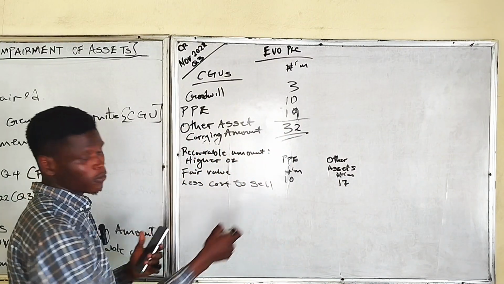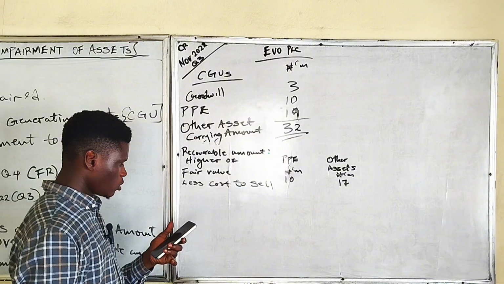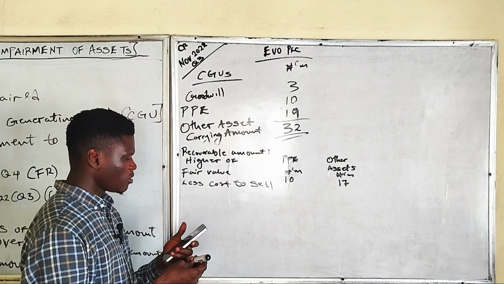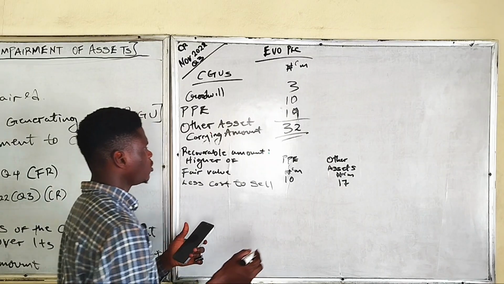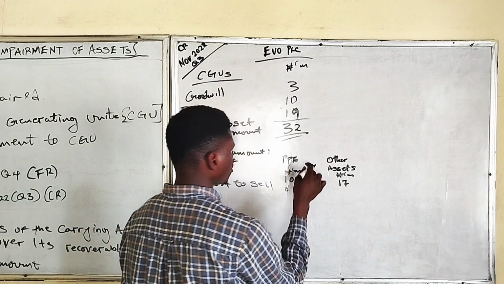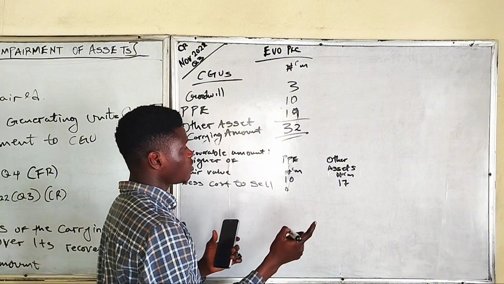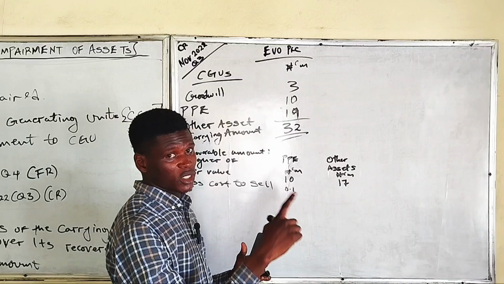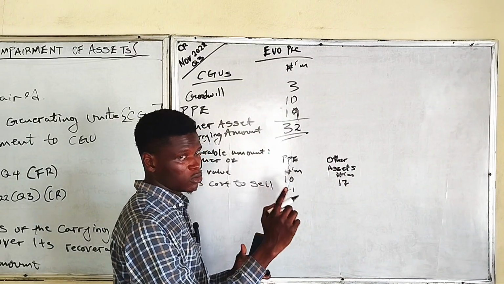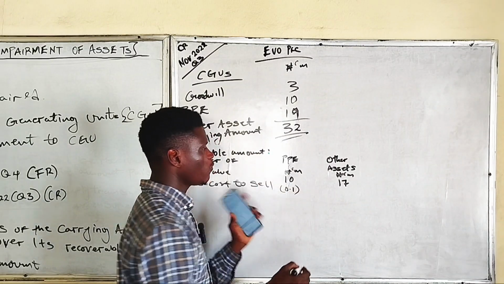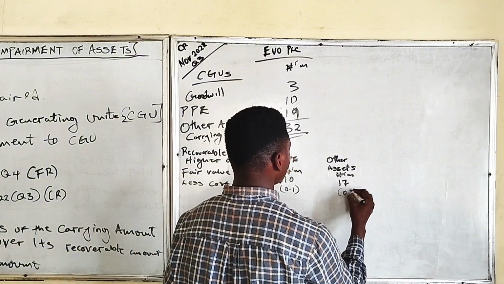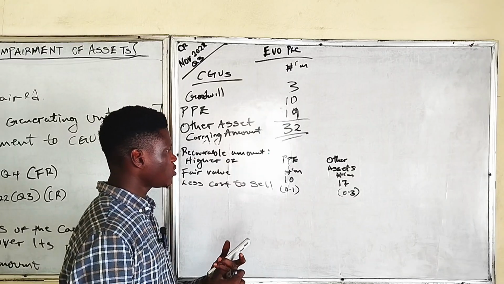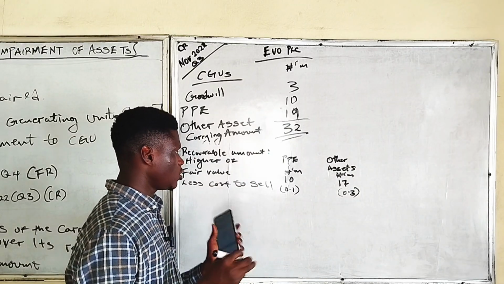Then the cost to sell for these assets, we're told, were 100,000 naira and 300,000 respectively. Because this is expressed in millions, 100,000 divided by 1 million will give you 0.1. So that's 0.1 million because it is expressed in millions. While deducting cost to sell, don't forget, they will also deduct 300,000, which is 0.3 million. So 300,000 is 0.3 million, while 100,000 is 0.1 million.